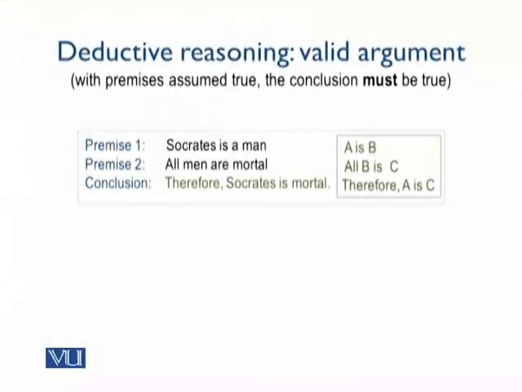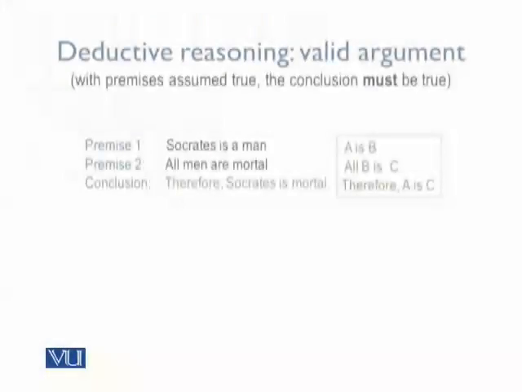For example, this argument which I've just shared is a valid argument क्योंकि if Socrates is a man और सारे के सारे men जो हैं वो mortal हैं, तो it must follow logically that Socrates is a mortal. Let me give you another example to actually introduce some subtlety in this.